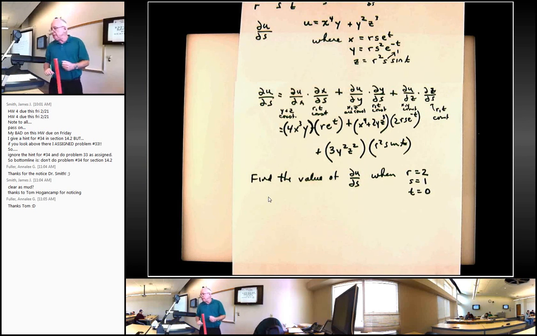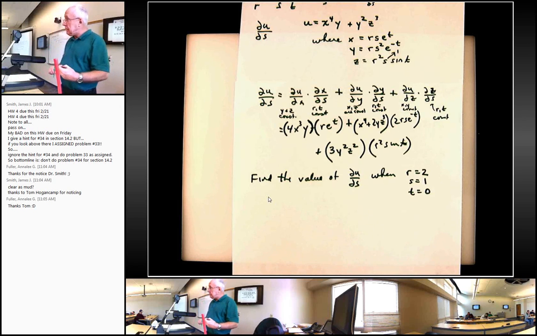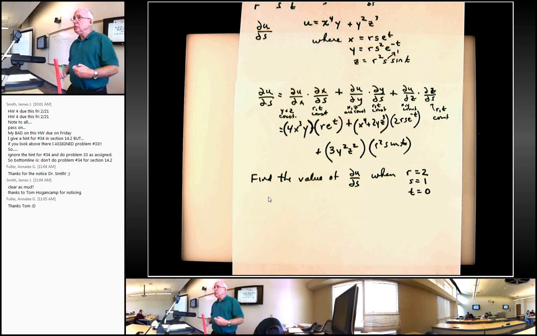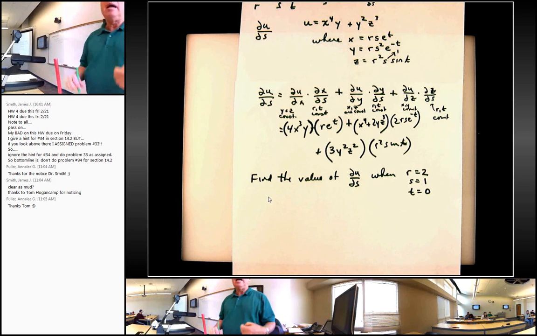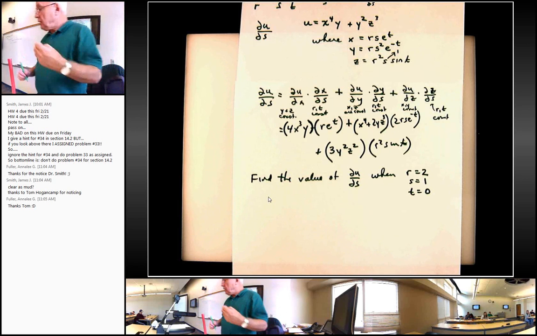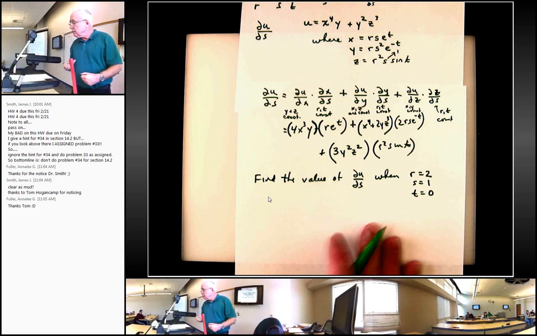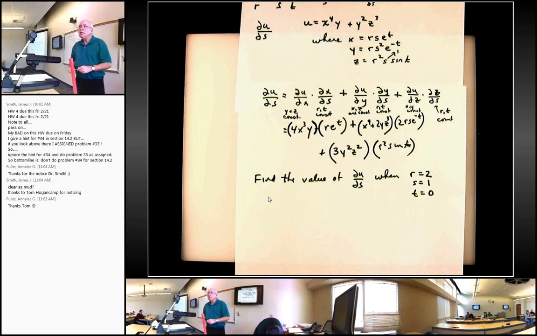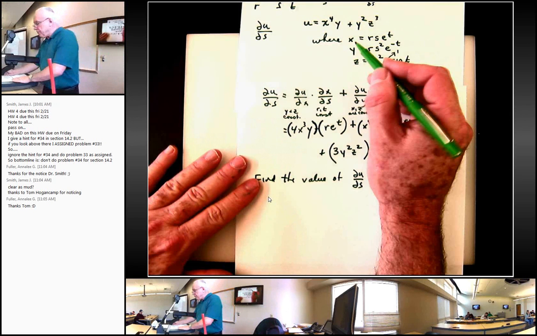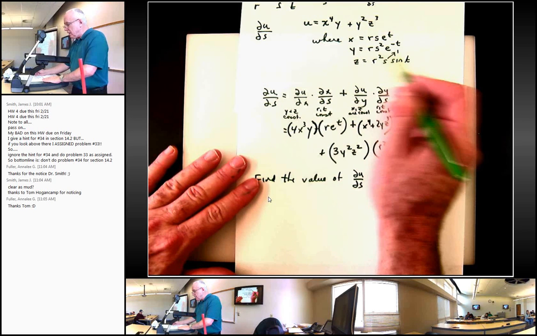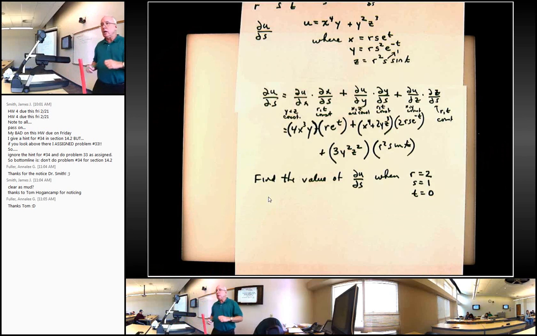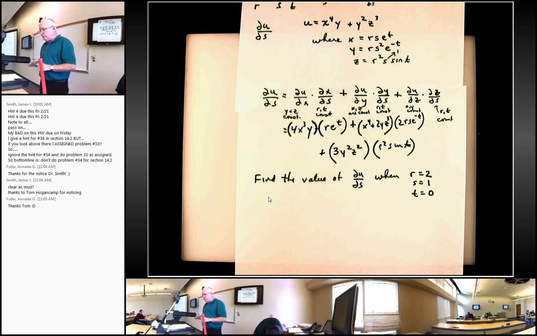So how do I find these values for x, y, and z? I'm told I'm interested in specific values for r, s, and t. Plug in the r into this. Yes. I'm given, here's x is equal to this, y is equal to this, z is equal to this. Plug in those specific r, s, and t values.